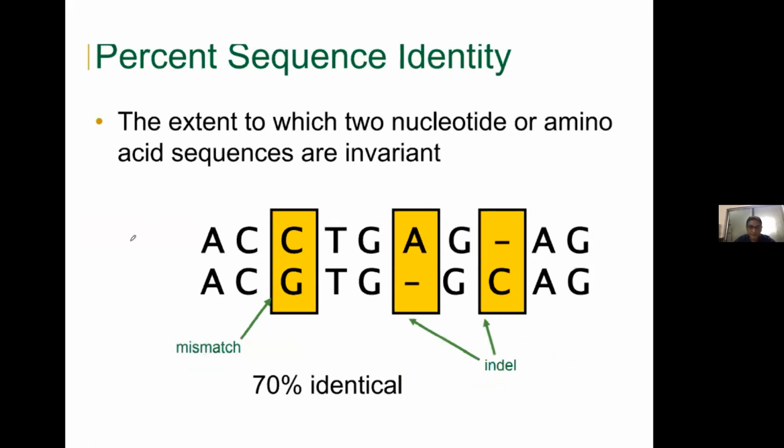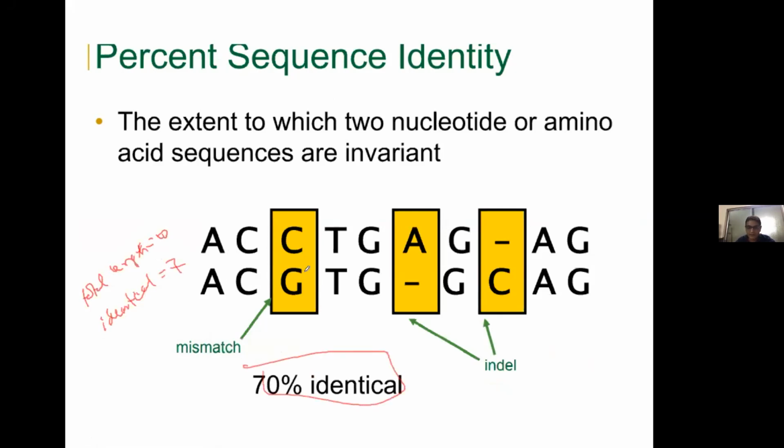Percent sequence similarity: how many positions are identical to each other? For example, the total length of the alignment is 10, and the matching identical positions are 7. So we can say they are 70% identical.